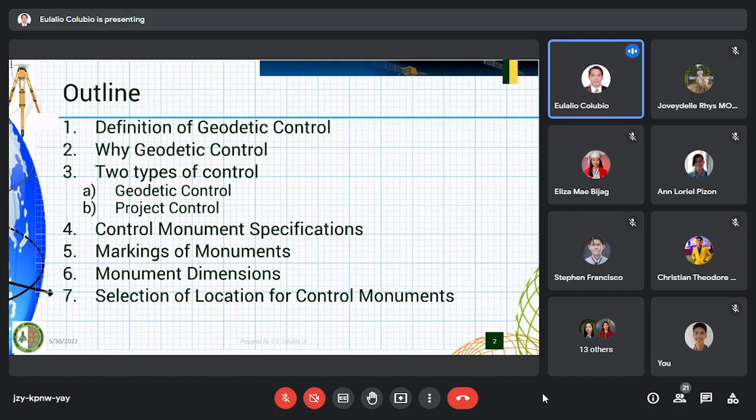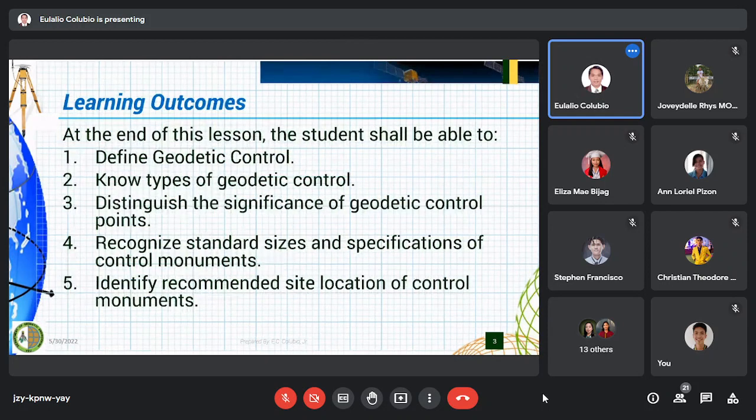Next. Now for the learning outcomes. After we discuss, you should be able to define what is geodetic control and know the different types of geodetic control, from project and geodetic. If you notice, the word geodetic keeps coming back.